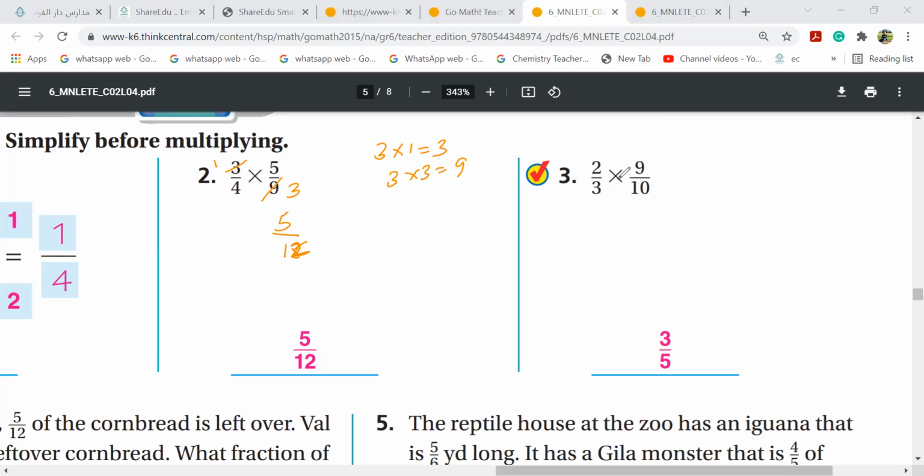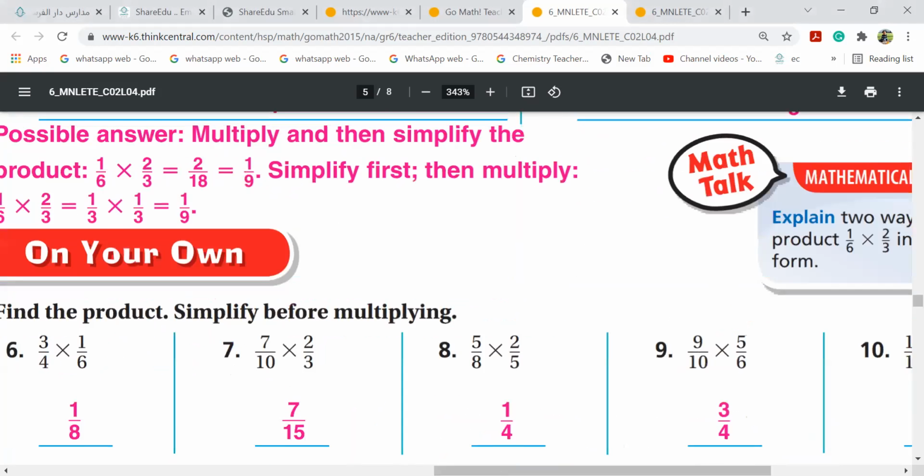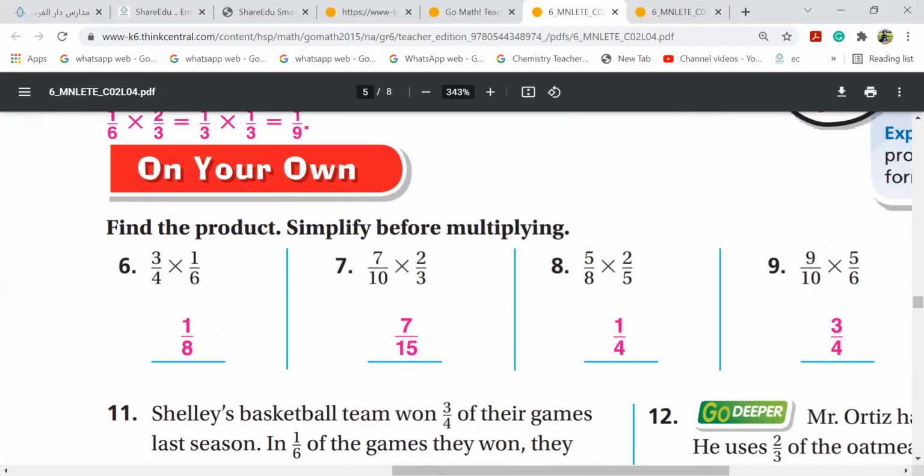2 and 10. 2 times 1. 3 times 1, 3 times 3. Anyone has questions in this? No. Everyone, will you practice and come tomorrow? Yes. 3 times 1, 3 times 2.